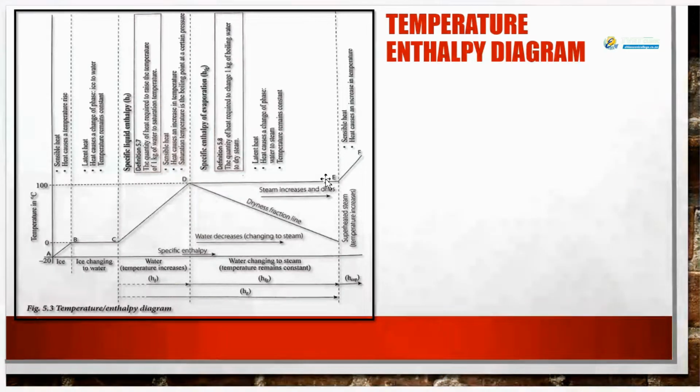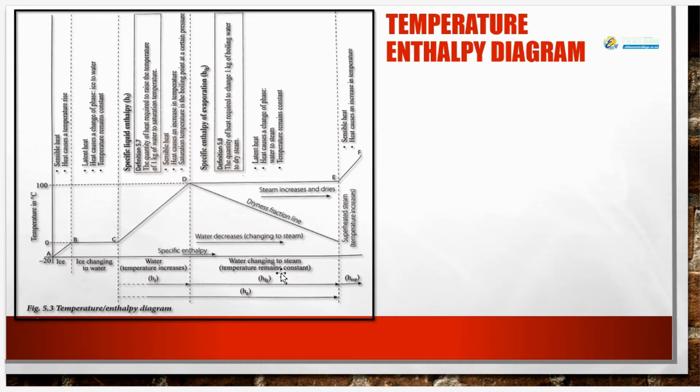So if we have 15 cubic meters of water in terms of volume, then now the water decreases with the increase in steam. Now that is called HFG, because now we are changing the phase of the water from water to steam.